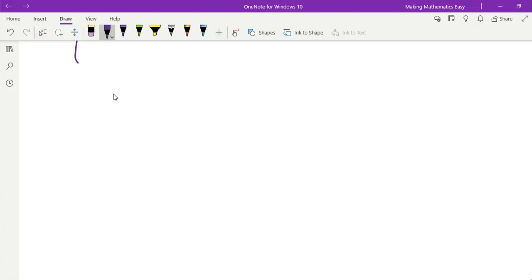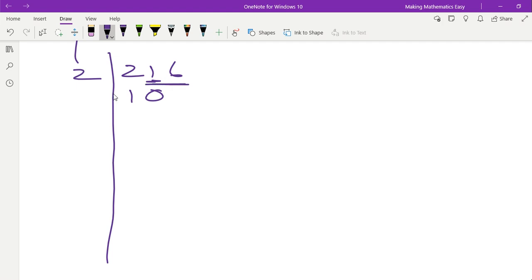Now next is 216. So let's do this. 2 ones are 2. There is no 1 in the table of 2, so we have to put 0. You cannot take 16 directly over here. When you take a 2-digit number, you have to put 1 zero. If you take a 3-digit number, you have to put 2 zeros. So 2 ones are 2, 2 eights are 16, because the multiplication of these two should equal this.